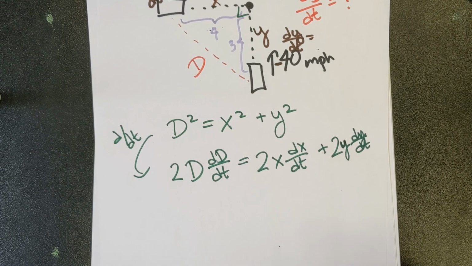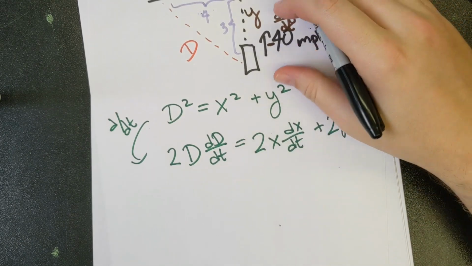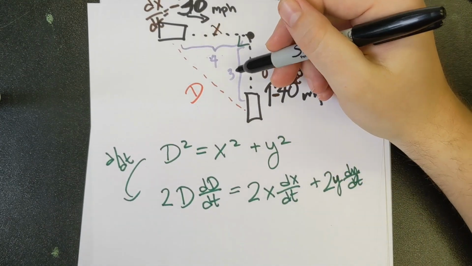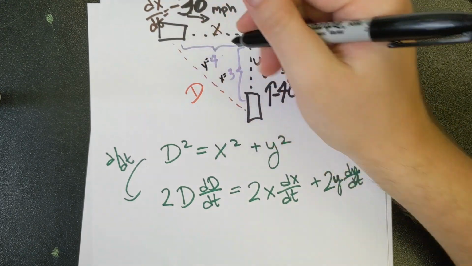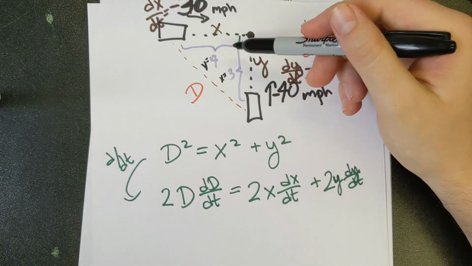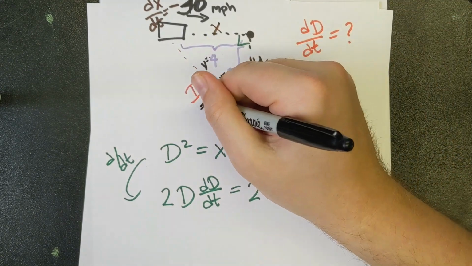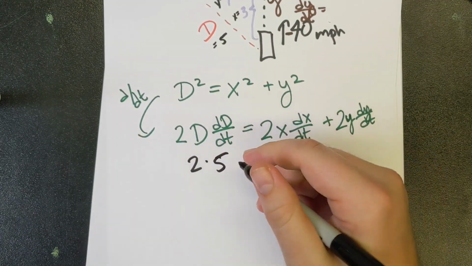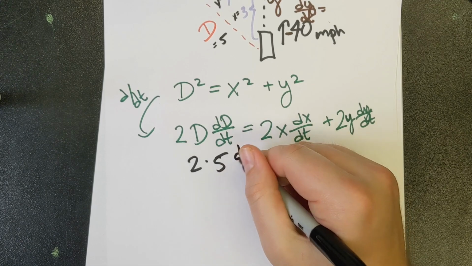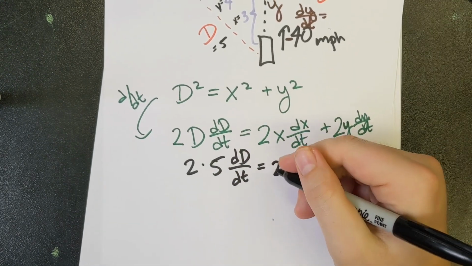Now we can plug in everything we know. What is my distance? At this moment x is 3 and y is 4, so you'd have 3 squared plus 4 squared, that's 9 plus 16, which is 25. So D comes out to be 5. So I get 2 times 5 times dD/dt, which is what I don't know, equals 2 times x.